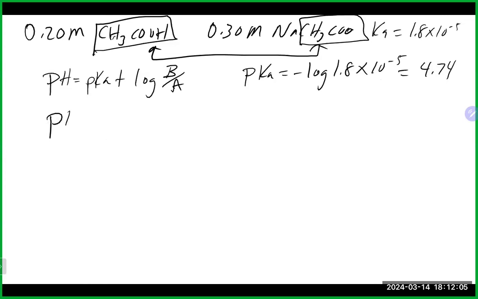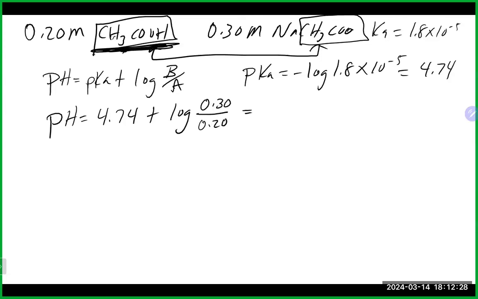And that means the pH here would be 4.74 plus the log of our base. Which one's our base? What's the name of this one? That's acetic acid, which means that's probably not our base. So the acetate is its conjugate base, so that would go up on top and the acid would go on the bottom.